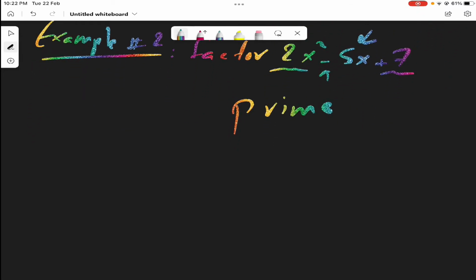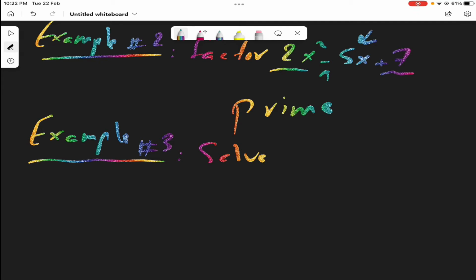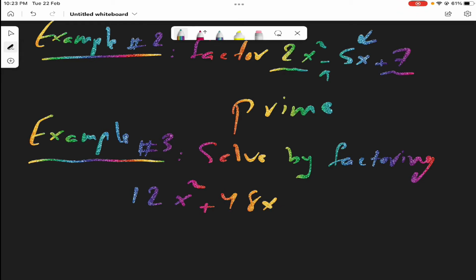Let's take example number 3. Solve by factoring 12x² plus 48x plus 45 is equal to 0.